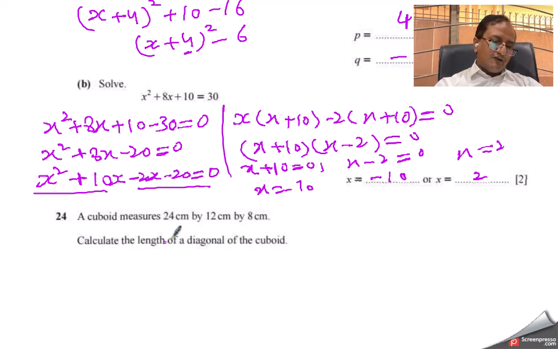Okay, a cuboid measures 24 centimeters by 12 centimeters by 8 centimeters. Calculate the length of the diagonal of the cuboid.